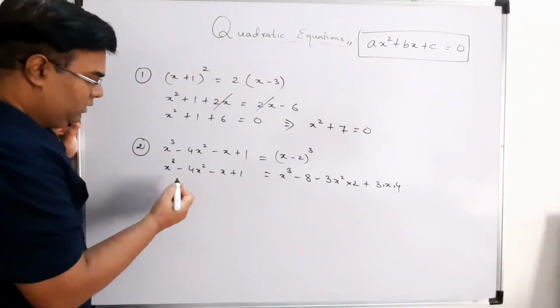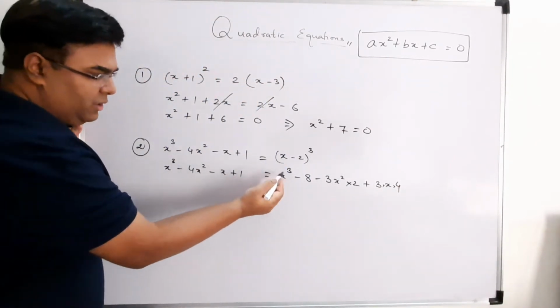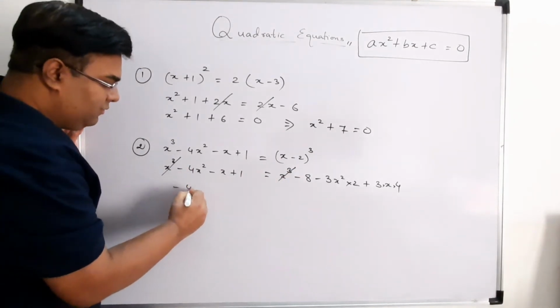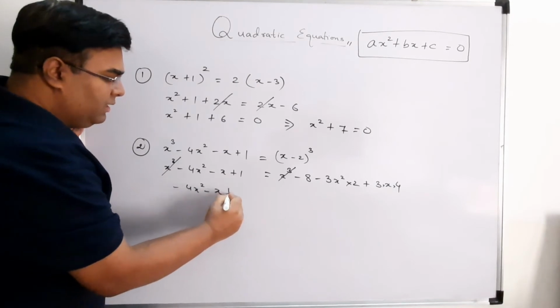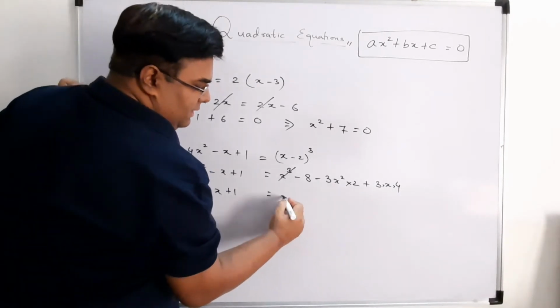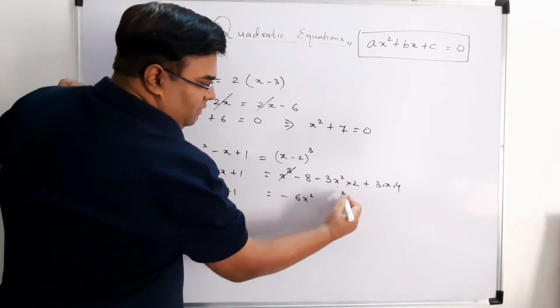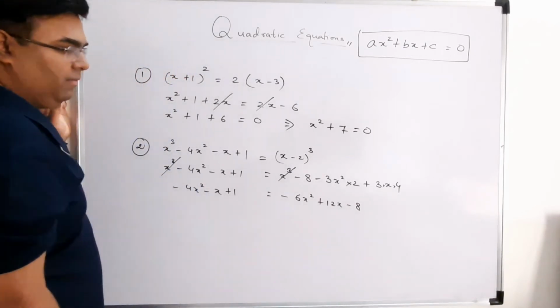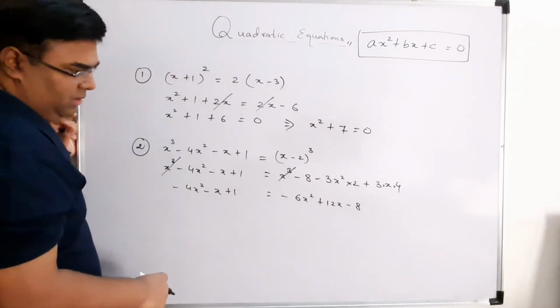So see, the x cube and x cube, you can cancel from here. It will be like minus 4x square minus x plus 1 is equal to minus 6x square plus 12x minus 8. Now you can take all the things here.